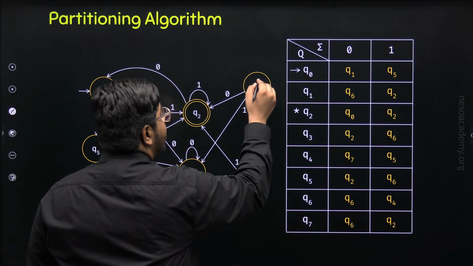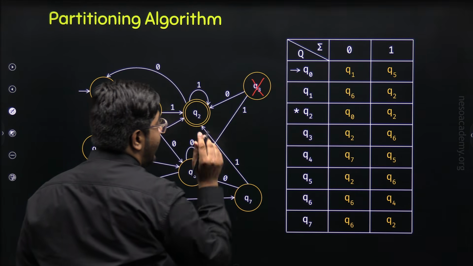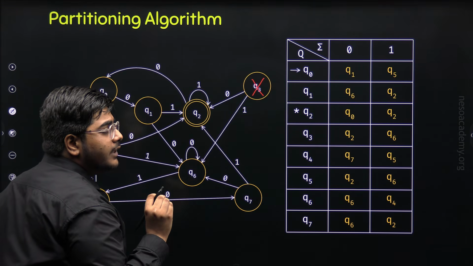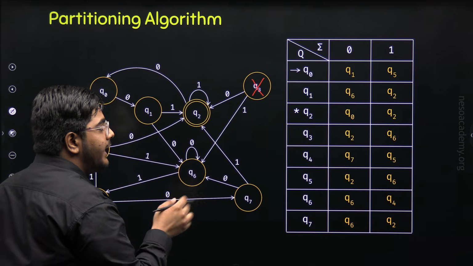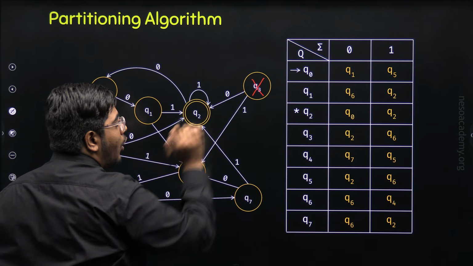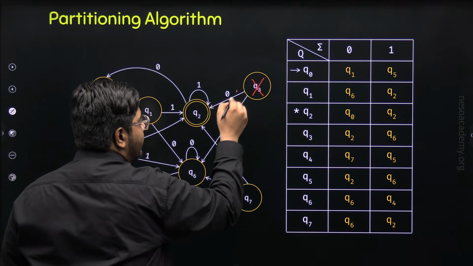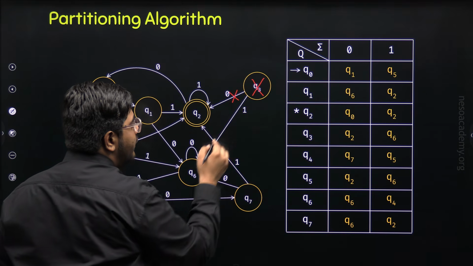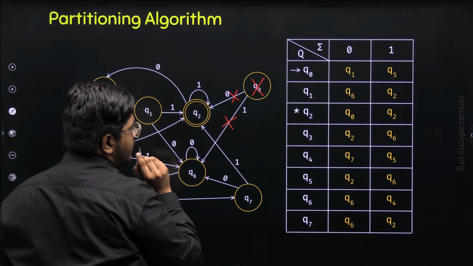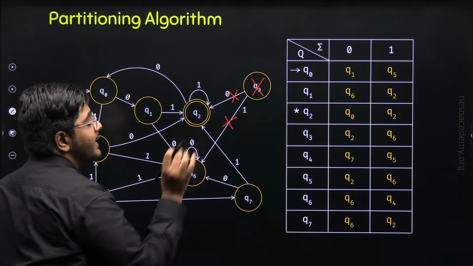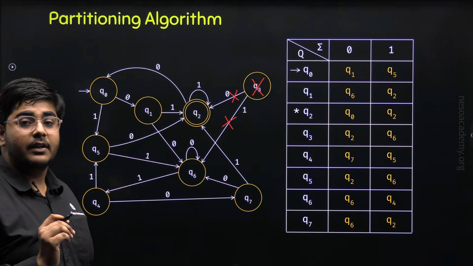So we have to eliminate the Q3, and as we have eliminated the Q3, we also need to eliminate all the transitions of the Q3. So we need to eliminate this transition. Also, we need to eliminate this transition. Now Q3 is eliminated from our DFA.